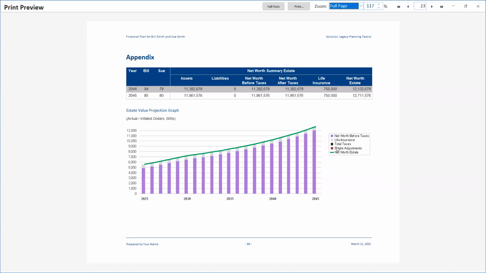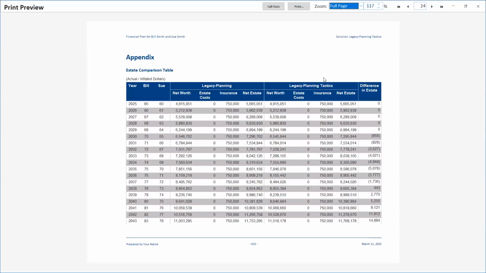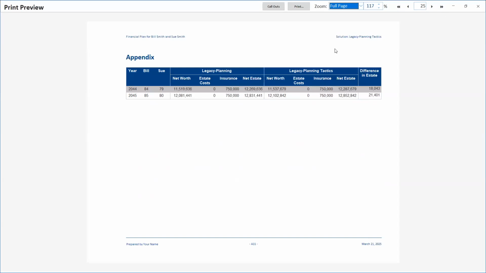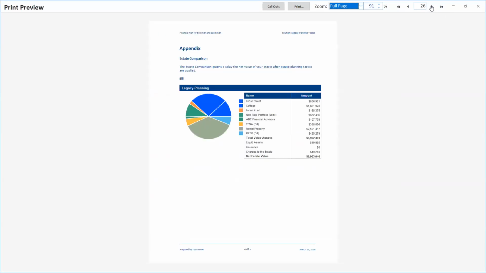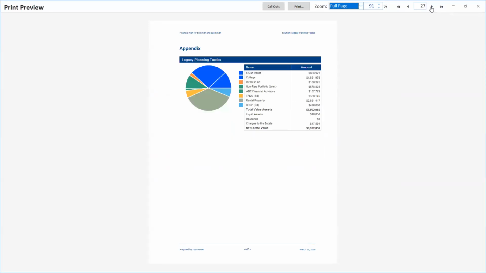And estate adjustments are very simple. They're things like probate fees, funeral expenses, legal and accounting fees, that sort of thing. And then what you see here is an estate comparison, legacy planning versus legacy planning tactics, and any difference in the estate, which out in time is more positive. And then finally, a legacy planning comparison.